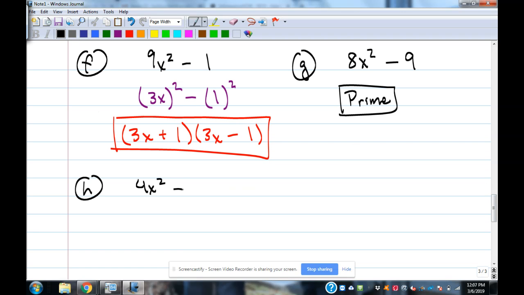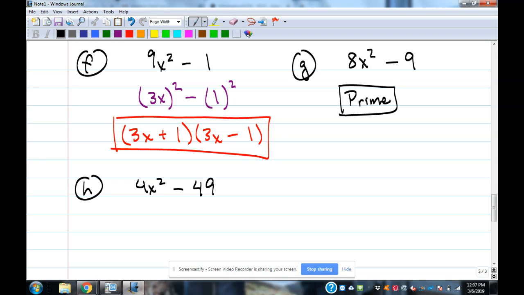4x squared minus 49. Logan, take us through the steps there. You're right, but take us through the steps. It's in descending order. Good. It doesn't have a greatest common factor because 4 doesn't go into 49. We had that one earlier, so we know that's not the case.